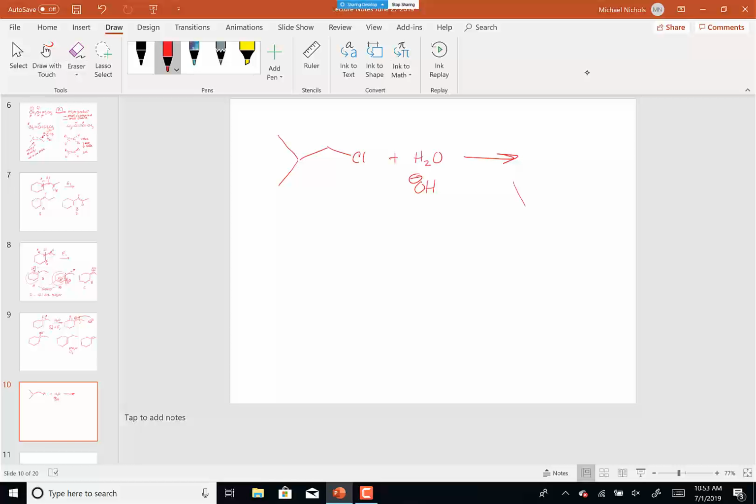So have the same structure, except put an OH where the Cl is. So, do we agree that would be the major product?